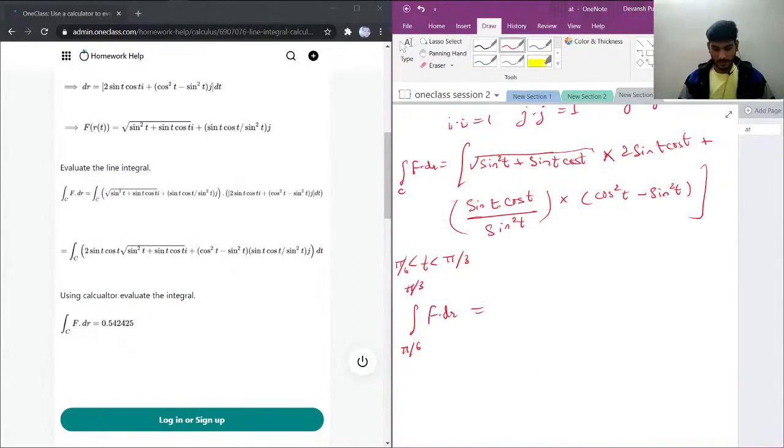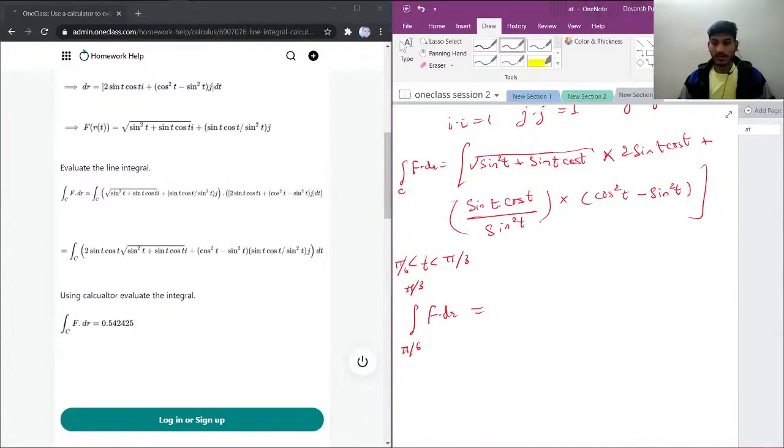a bracket open, cosine x raised to the power 2, and then a minus sign, minus sine x raised to the power 2.